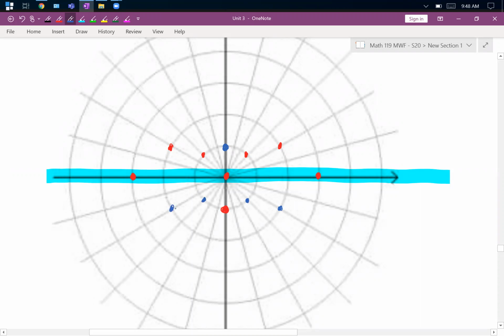There we go. Now we have our mirror image, all the rest of our points, and we're ready to draw in our graph.